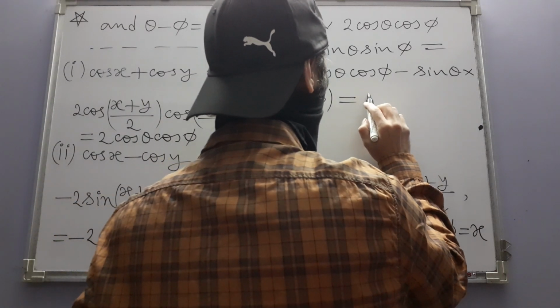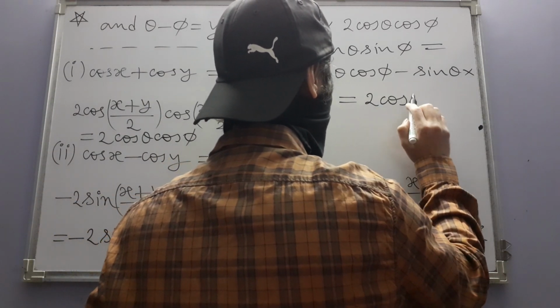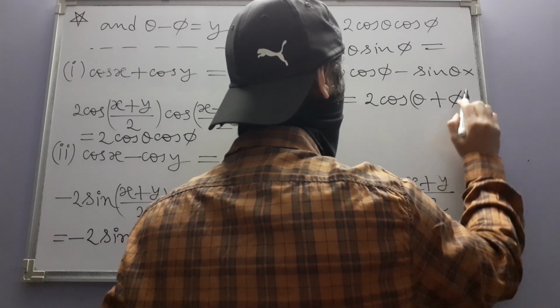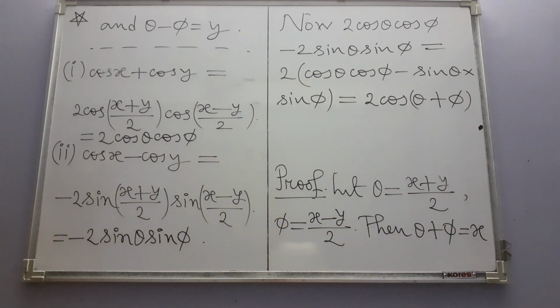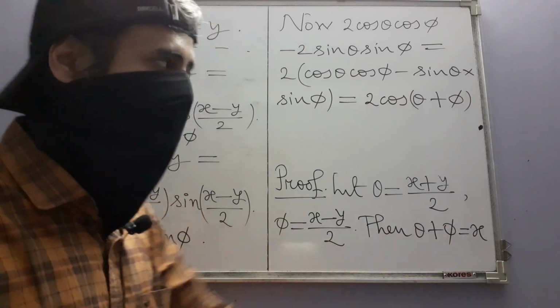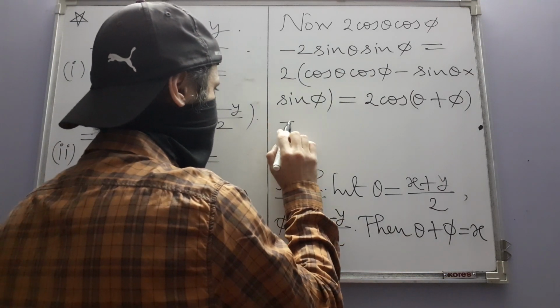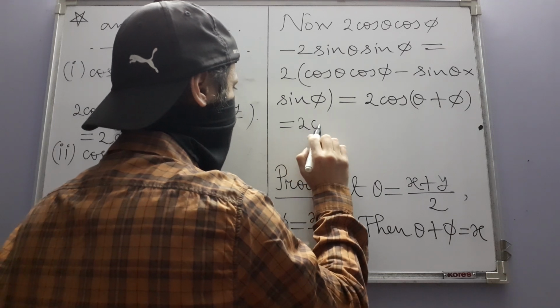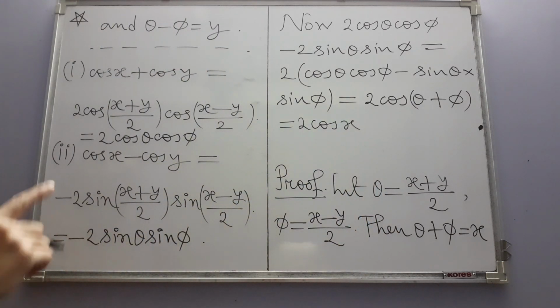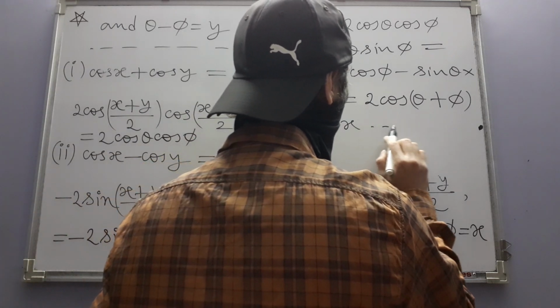So 2 times cos (theta plus phi). However, what is theta plus phi? x. So you get 2 cos x. You give this equation some number, say 1.